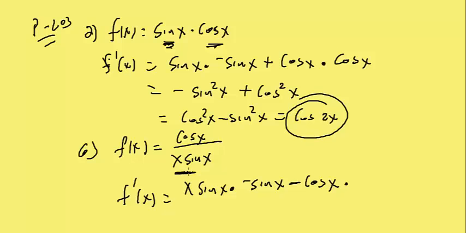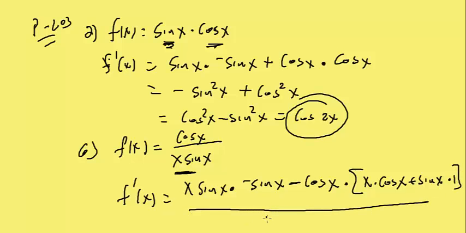But when I take the derivative of that, I have to use a product rule. So be careful. First times derivative of second plus second times derivative of first. And all that's going to be over denominator squared. And you can leave it right there. You don't have to simplify.